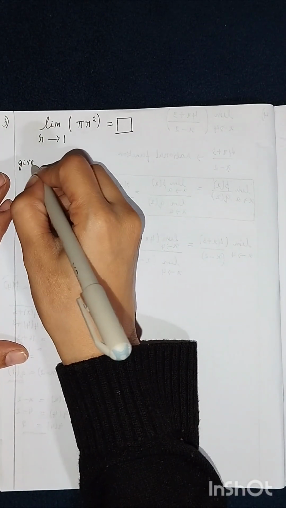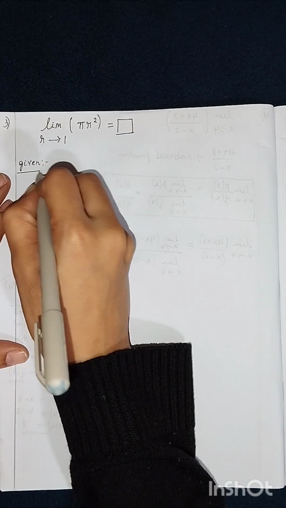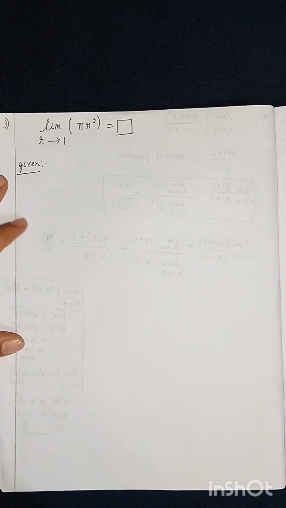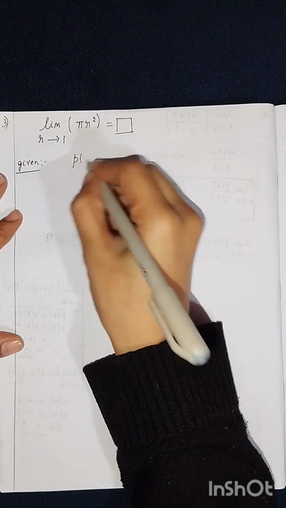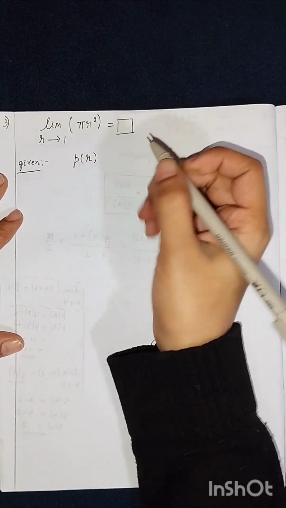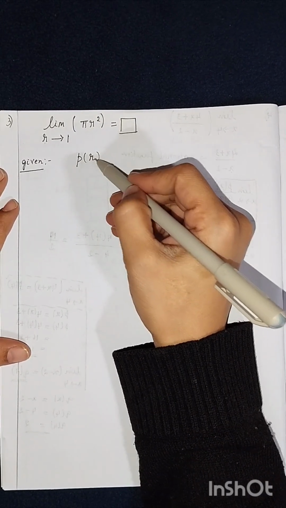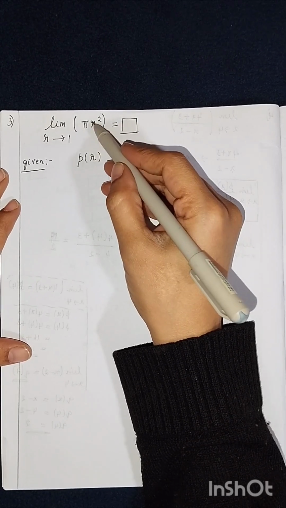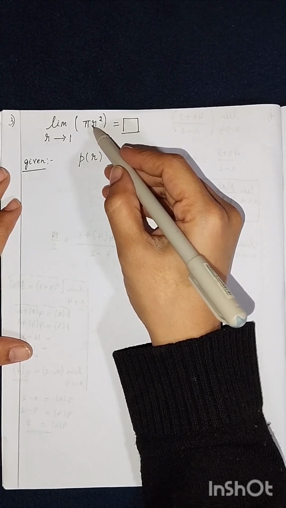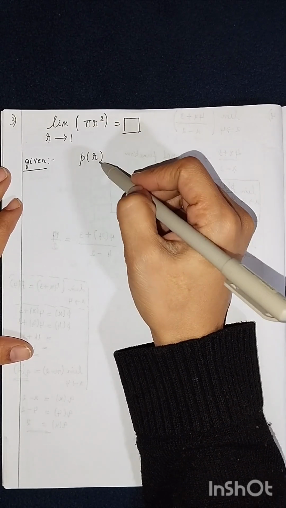Given p of r, because in the previous question it was x, so we will write r here. So whatever independent variable they have given, we have to write that.